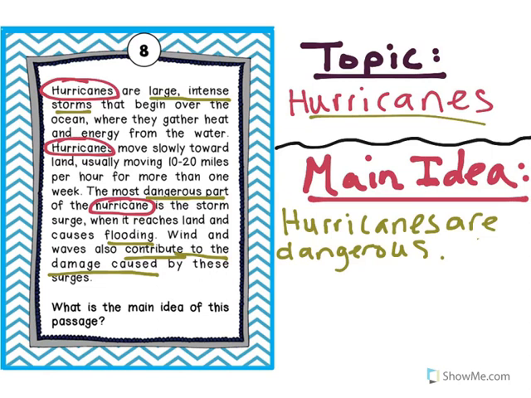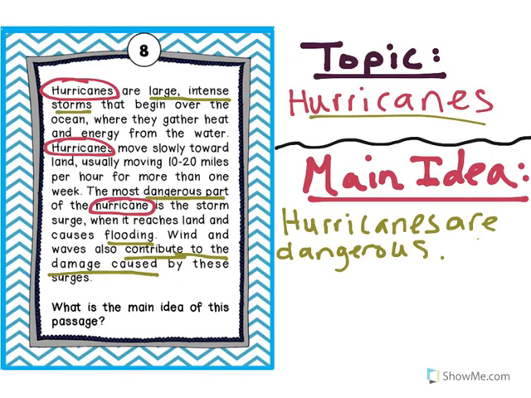I decided that would be better because it's not really talking about the damage until the end. However, from the beginning to the middle to the end, it does mention ways that they can cause danger. So that's just one way that, when you're trying to think of what could be the main idea, it's okay to start writing one thing and to change your mind.